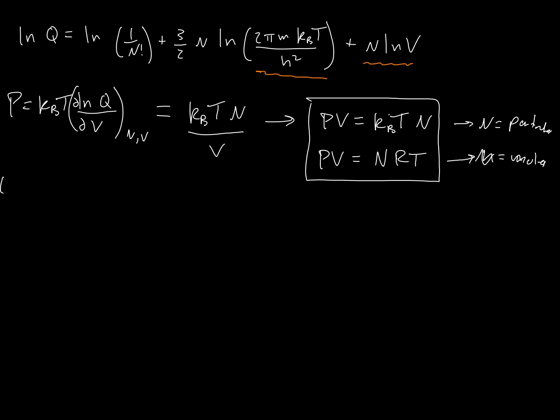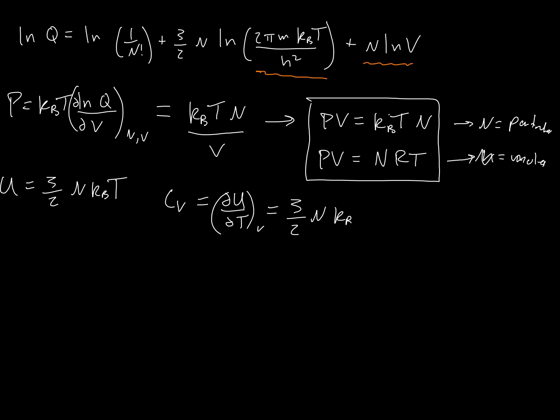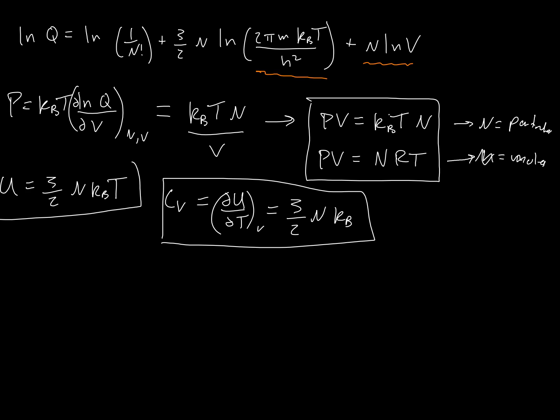Internal energy we've already done, but I'll just write it out again. It's 3/2 N kBT. Cv is just equal to dU/dT, the change in internal energy with respect to temperature. We talked about these ones at length already.